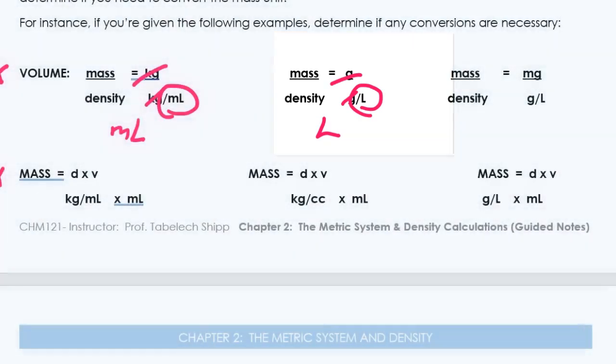Let's look at another example where you're calculating volume, and I give you grams for the mass, and the density is grams per liter. Well, my two g's are going to cancel out, and I'm left with a liter. So my final answer will be in liters. But let's take a look at this next example, where you have milligrams on top, but you have grams per liter on the bottom.